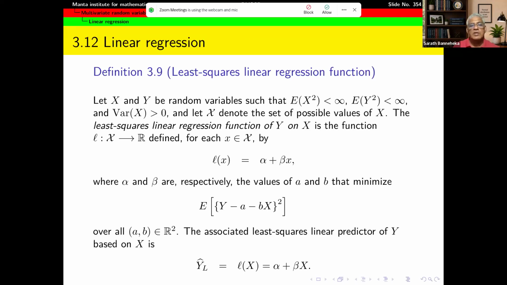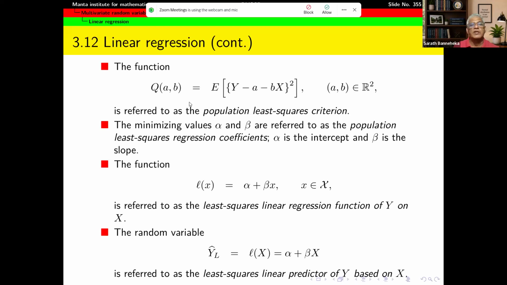The quantity that we are minimizing here is a function of A and B. Let's call it Q of A, B. That quantity is called the least squares criterion. So we are looking at some squares and we want to minimize it: find the value of A and B that gives you the smallest value for this quantity.